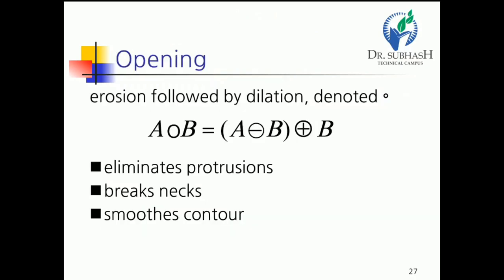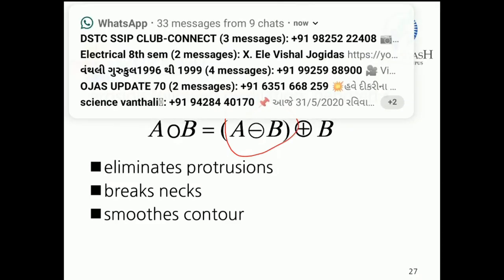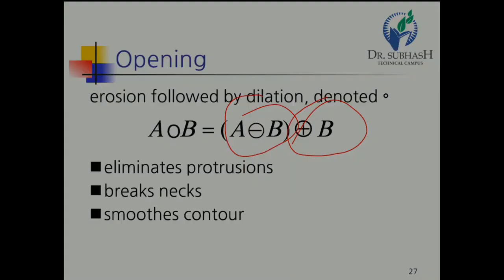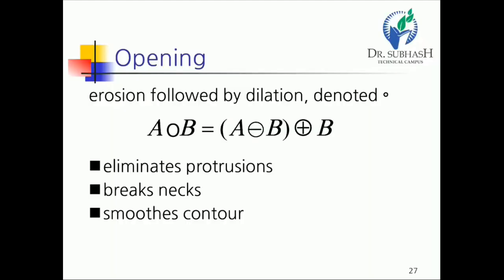Now, what is opening? Opening is erosion followed by dilation, denoted by a circle. So A opening B equals A eroded by B, and the resultant is then dilated with B. This is another characteristic of morphological image processing.